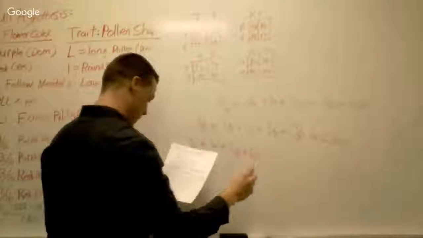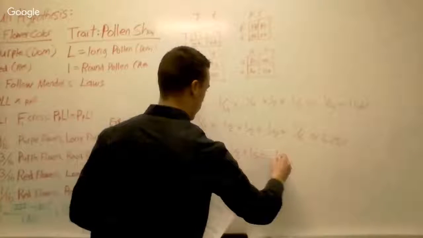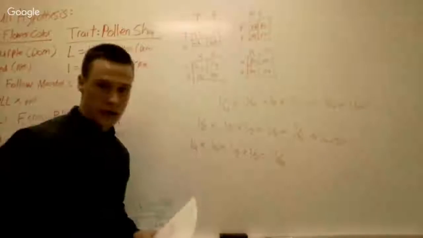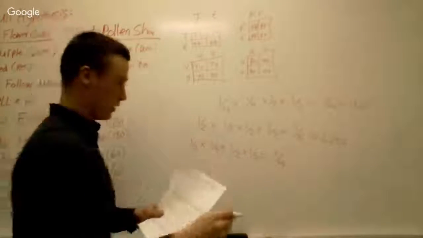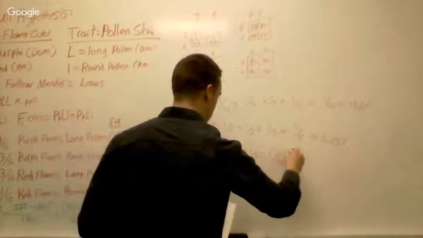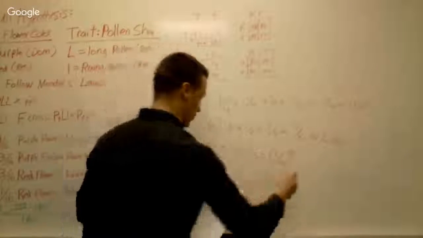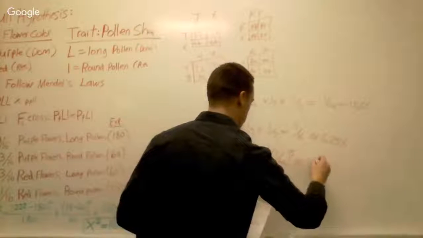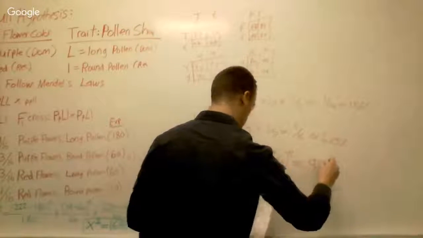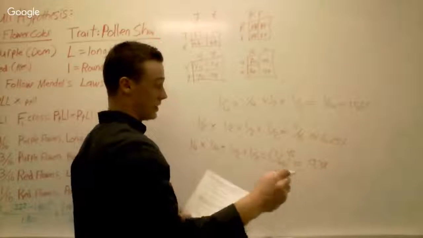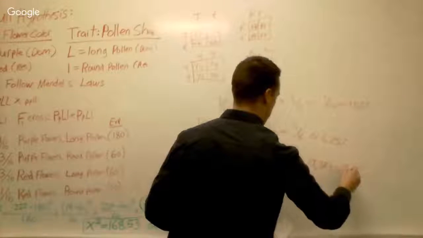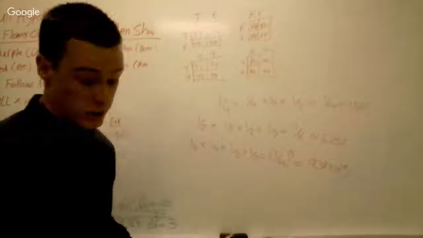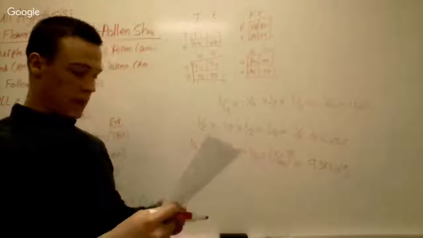You multiply those together and you get 1/64. But it's asking that the first 5 offspring have this, so now you have to raise that to the 5th power. That gives you a very small number, 9.38 times 10 to the negative 8 percent. So a very, very small probability of that happening.